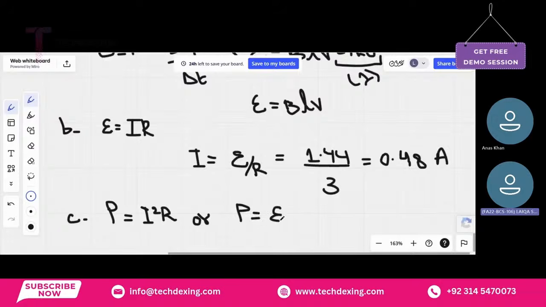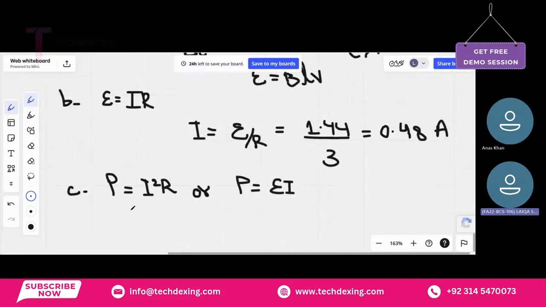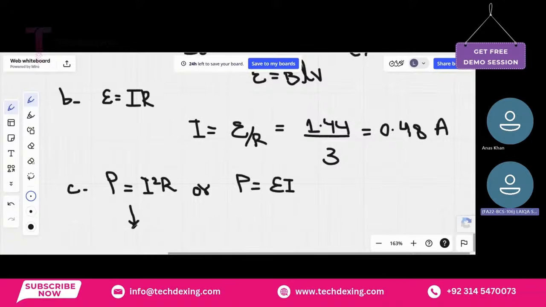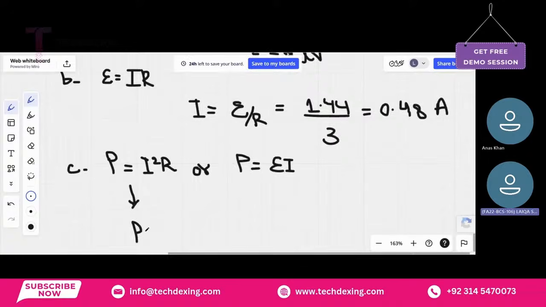It's epsilon I. You can use any of these. If we use this one, we have to simply substitute the values. So power would be equal to 0.48 squared into R, and R has the value 3.